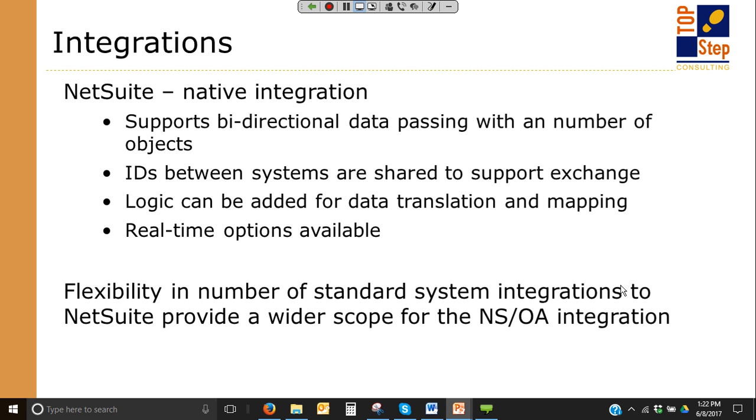But at a very high level, I consider this a native integration because there is so much that's been done on the OpenAir side to make it easy to do data mapping, to be able to do data translations by adding logic, to make it more user-friendly and easier for people versus having to be code savvy and know how to write things out of the box. So there have been a lot of enhancements in the past few releases to make this a very easy, very understandable integration configuration between OpenAir and NetSuite.